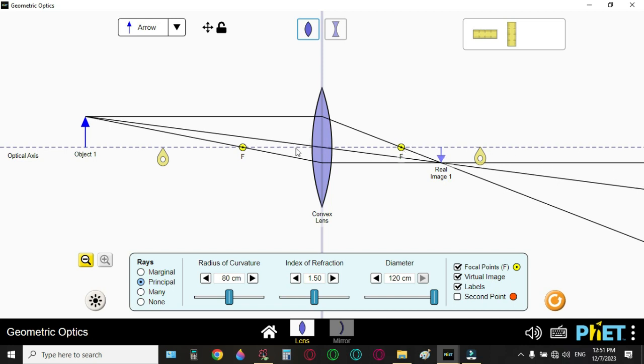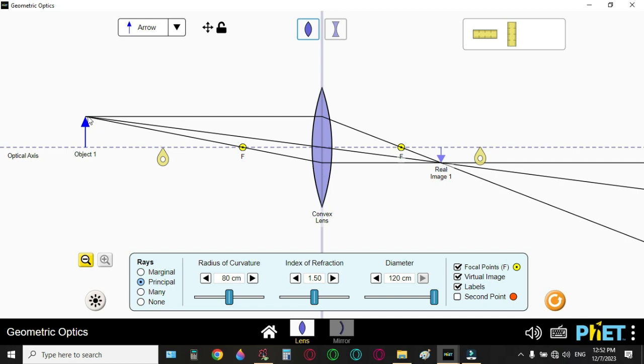And then as you can see, this line here converges or intersects with the line from the first ray. We call these refracted rays since we are talking about lenses. So the first two refracted rays intersect at this point.